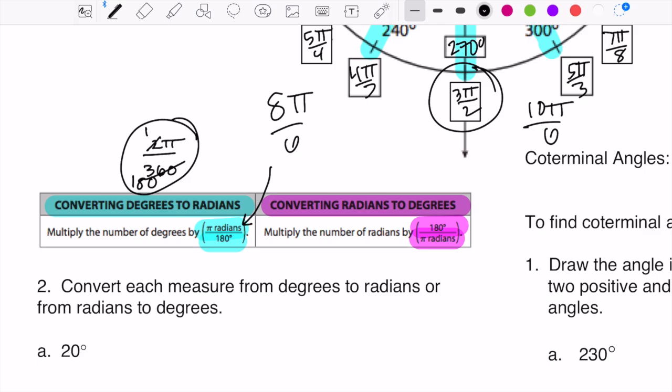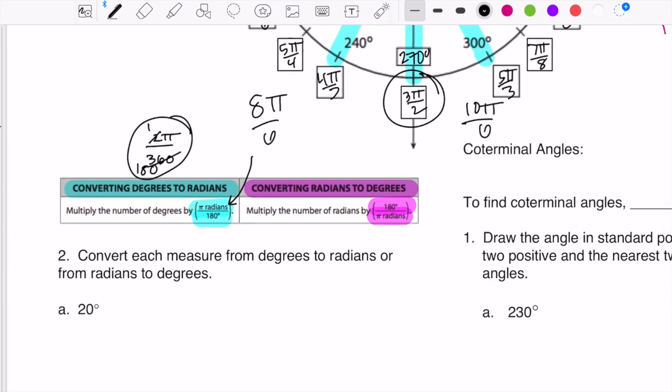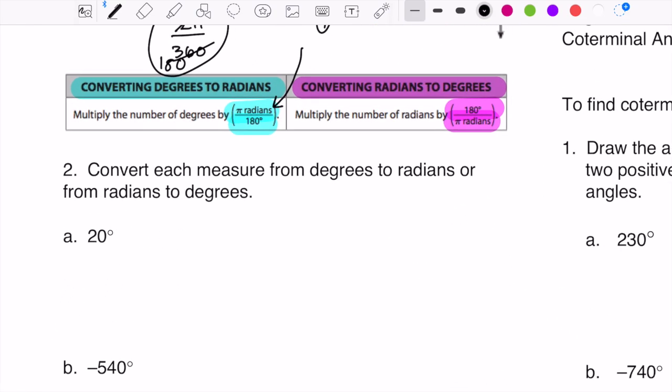Okay? All right, so question 2 says, convert each measure from degrees to radians or radians to degrees. So we are given 20 degrees, so we are going to convert it to radians. So the way we're going to do this is we're going to times it by pi over 180 degrees.